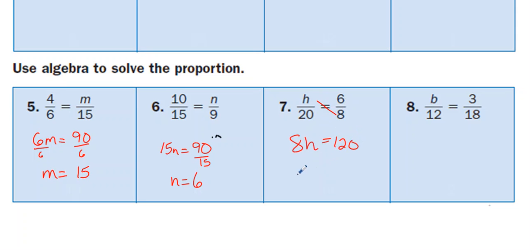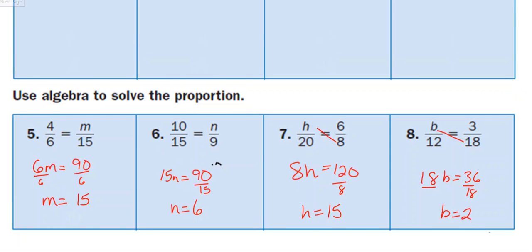Now divide by 8, so h has to equal 15. Cross multiply. 18b has to equal 36. I want to get b by itself, so divide by 18. b has to equal 2.